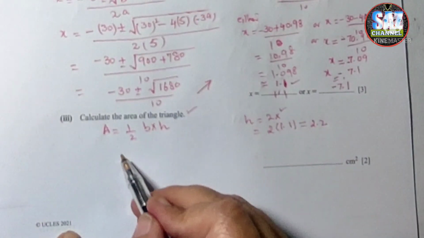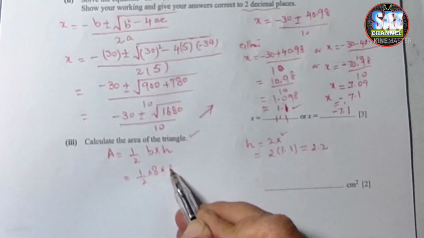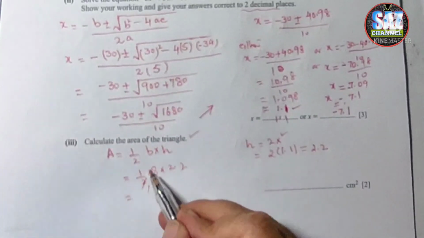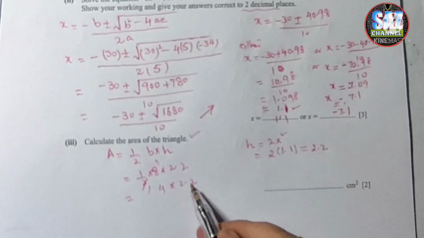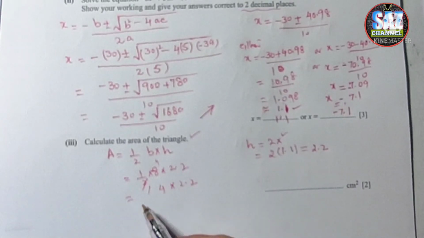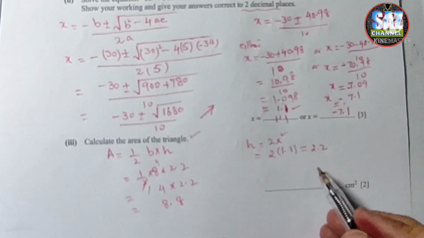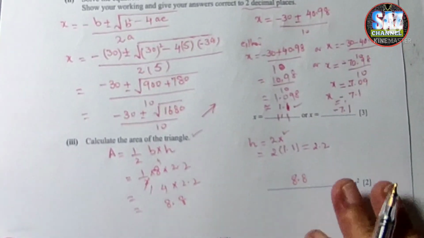Okay, and then it will be half into base 8 multiplied by height 2.2, and 2 ones are 2 and 2 fours are 4, multiplied by 2.2, which is equal to 8.8. So 8.8 centimeter square is the answer for the area.